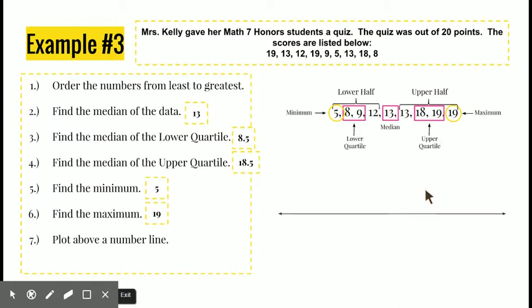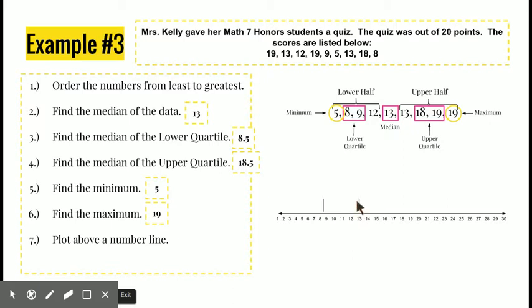And then what you do is you draw a number line. When you draw this number line, the first thing you do is find the median. You see the median is 13, and you just draw a line, like I drew a line right here. The next thing you do is find the median of the lower quartile, which is 8.5, and you draw another line right between 8 and 9.